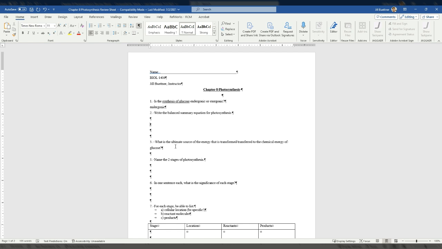The balanced summary equation that we did in class, we said 6 CO2 plus 12 H2O plus sunlight yields 1 glucose, so C6H12O6 plus 6 H2O and 6 O2.